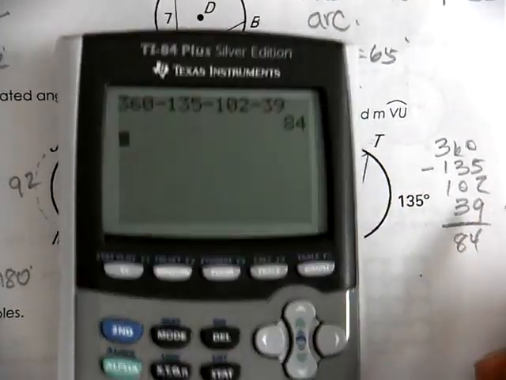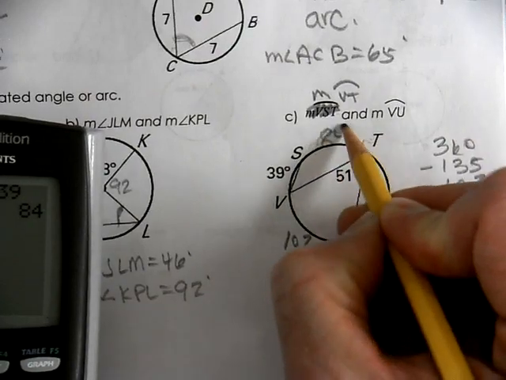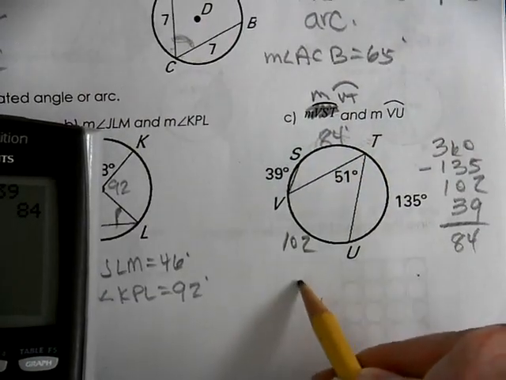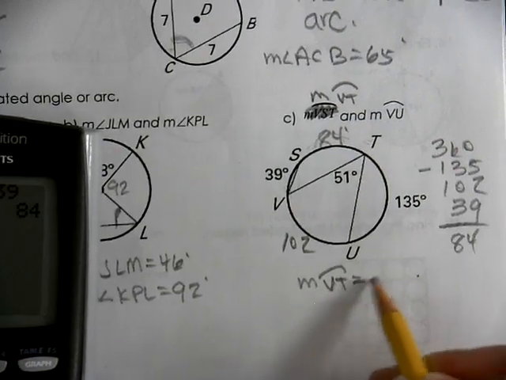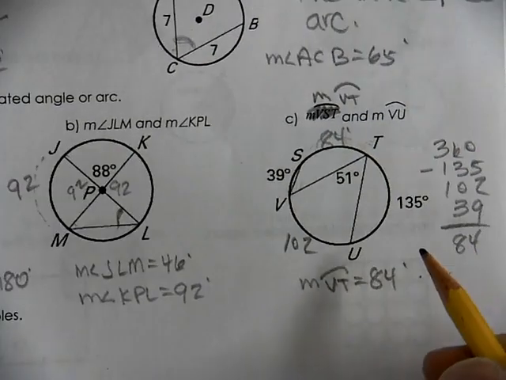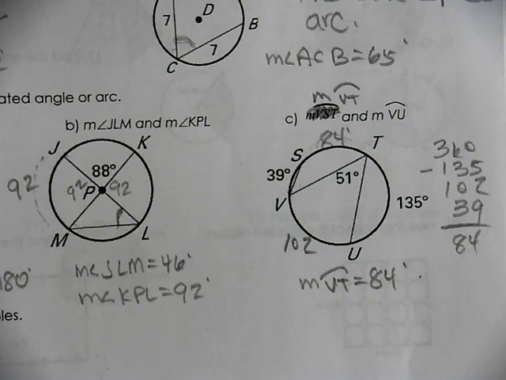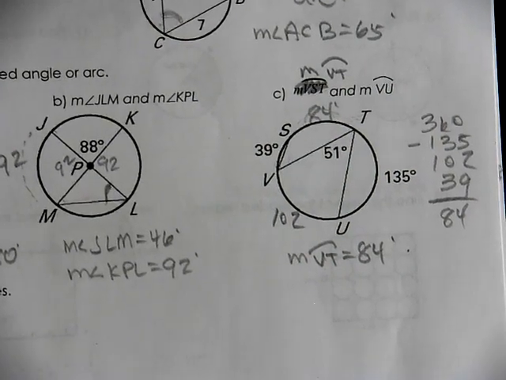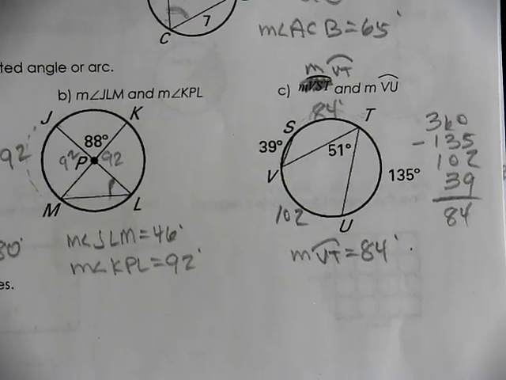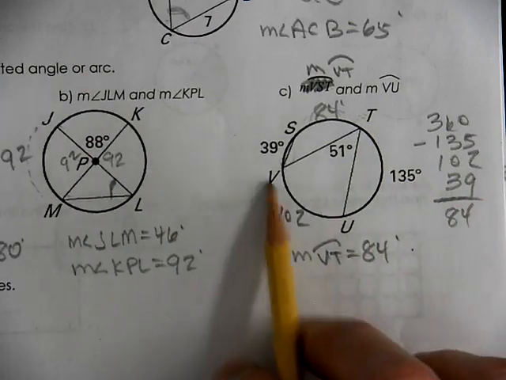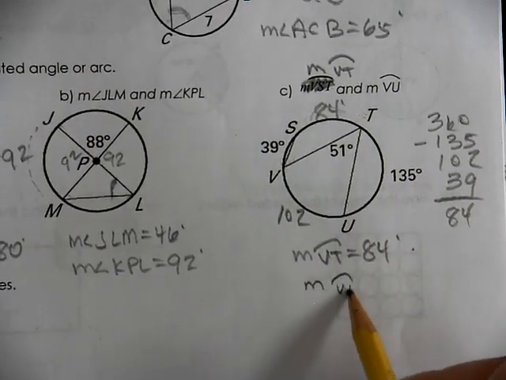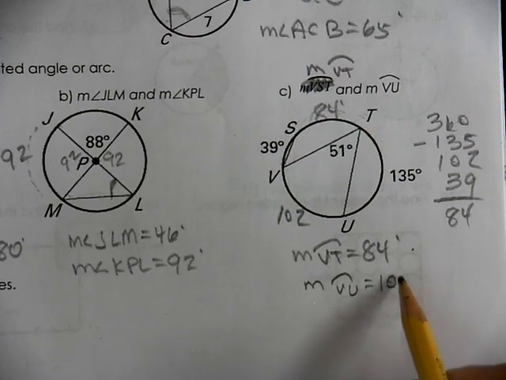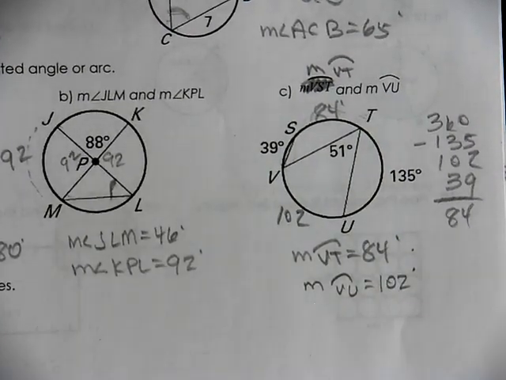So that's 84. So the measure of arc VT equals 84 degrees. It's not an arc length. It's an arc in terms of an angle. VU we figured out was 102. You couldn't figure out the 84 without the 102.